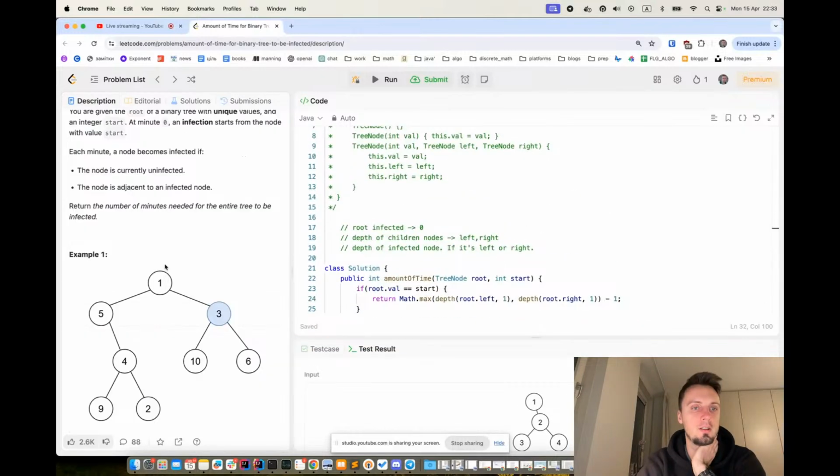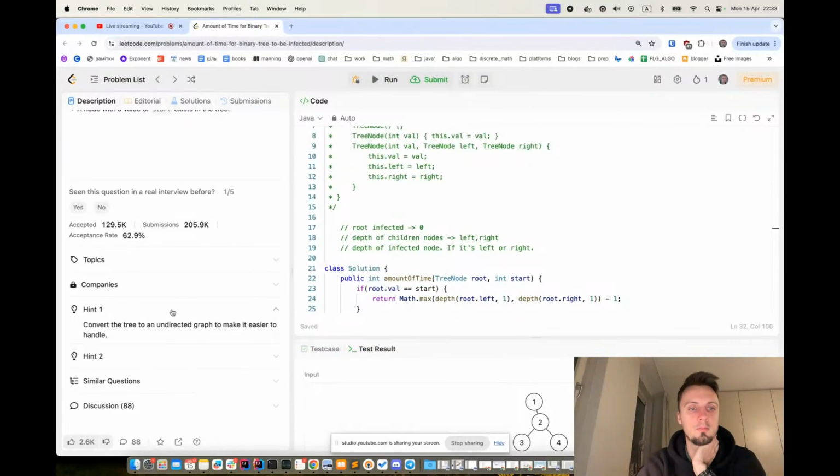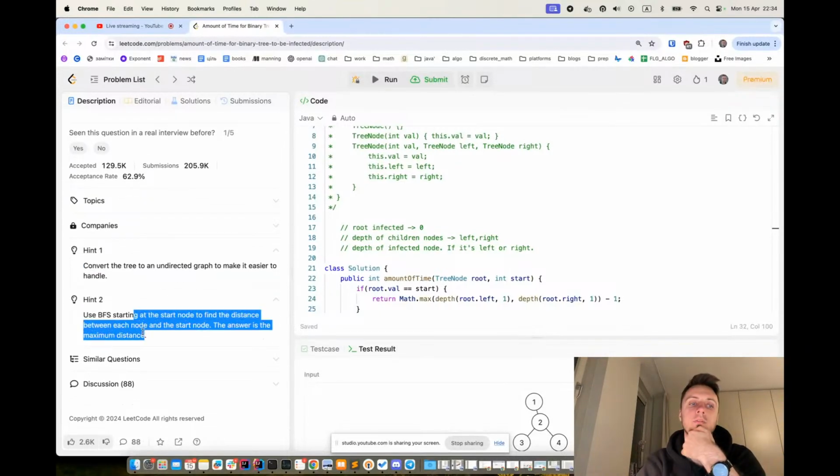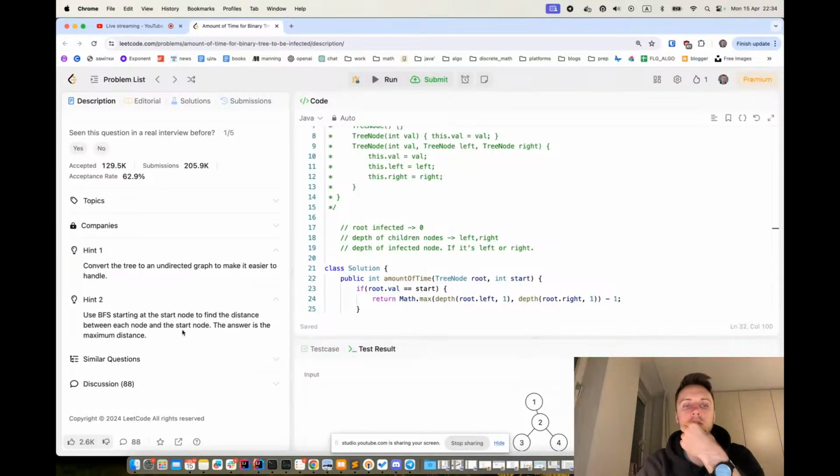Let's try to find out what hint we have here. Convert the tree to an undirected graph to make it easier to handle. Use BFS starting at the start node to find the distance between each node and the start node.